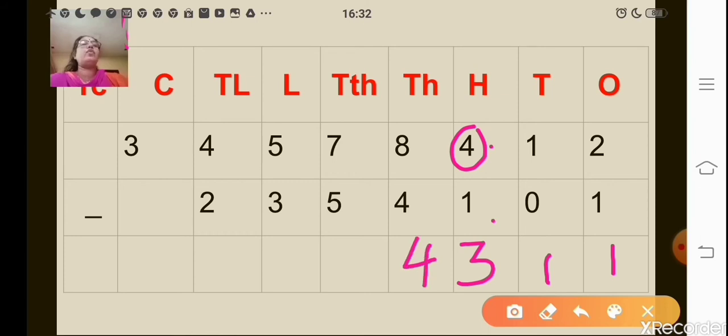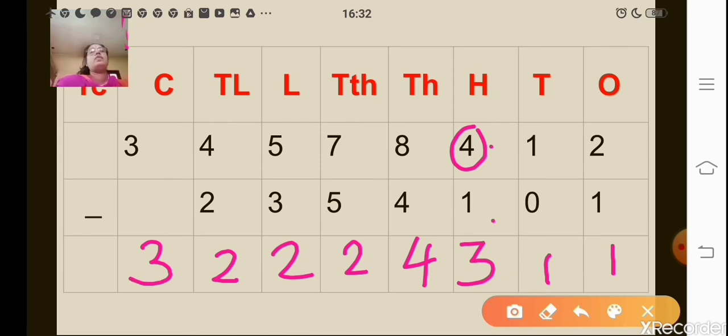So it will give you 4. 7 minus 5 is 2. 5 minus 3, again 2. 4 minus 2, again 2. And the next one is 3. No number is written, so it is 3 itself. So this is just a simple subtraction sum, without borrowing.